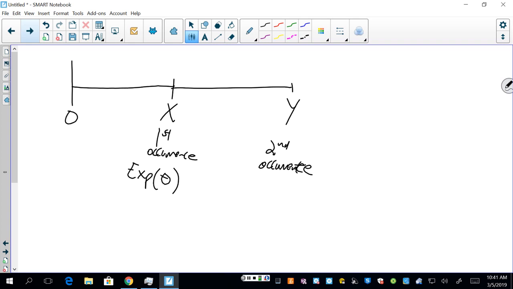And so if there's x1, which is the first one, and that's, we'll just call it x, and then maybe x1, and then x2 as the second one, y is going to be the sum of these two time periods. And it turns out that if you add together two exponentials, we're going to get something called a gamma random variable that we will talk about shortly.